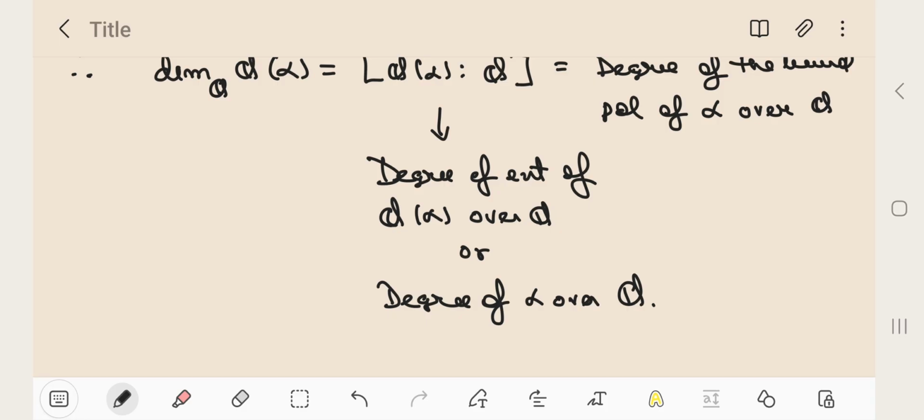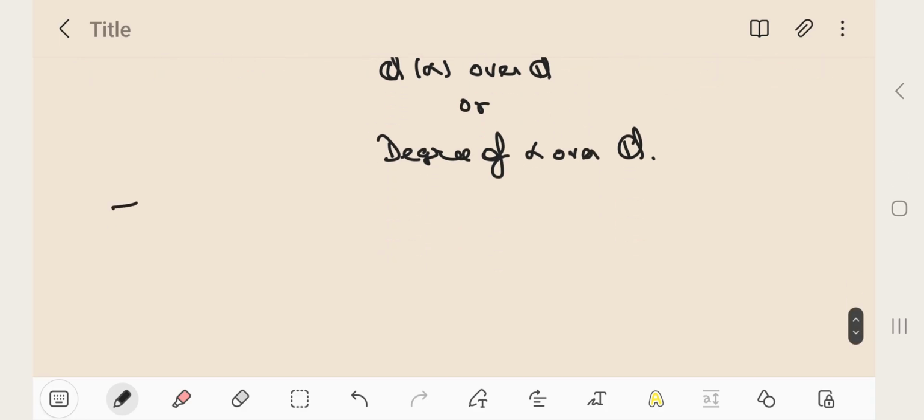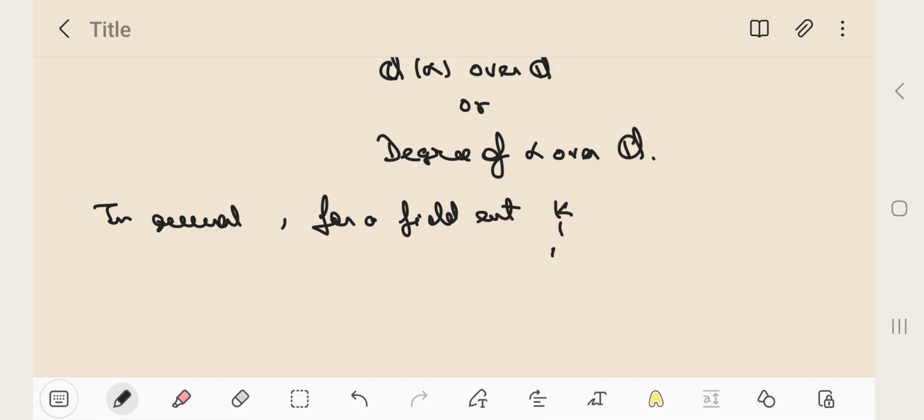Okay. Now in general, for a field extension K over F, the degree of extension is basically nothing but the dimension of K as an F vector space.